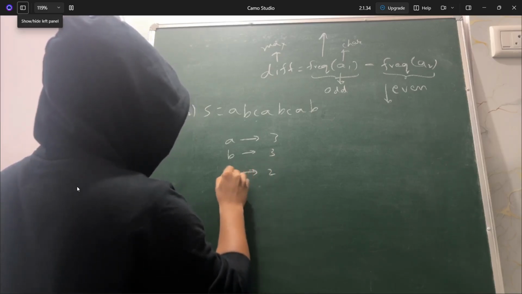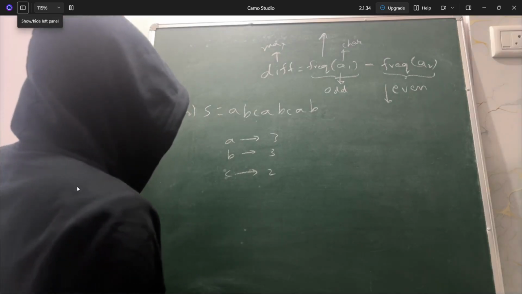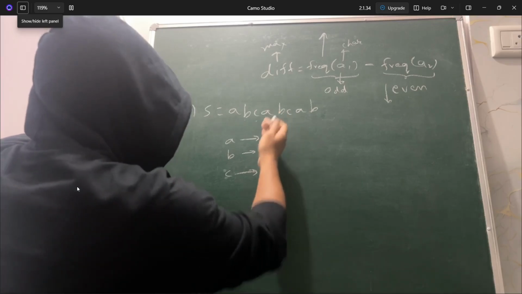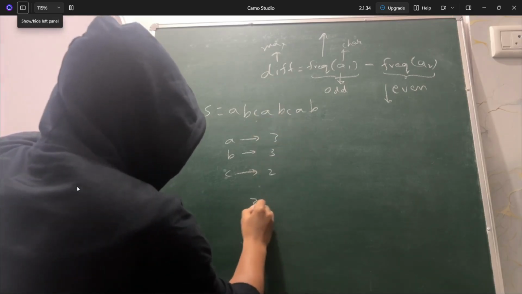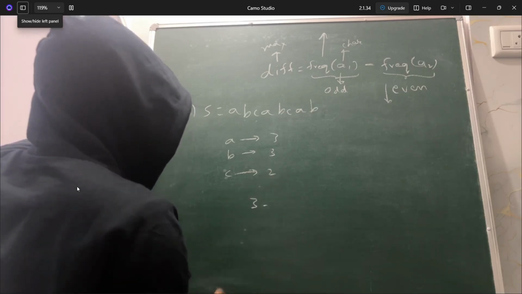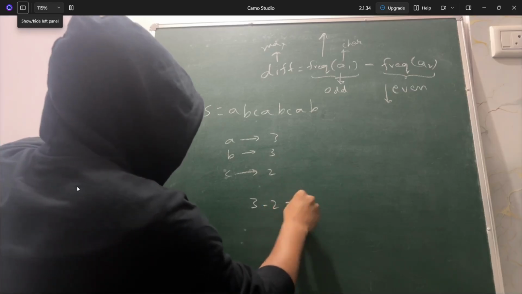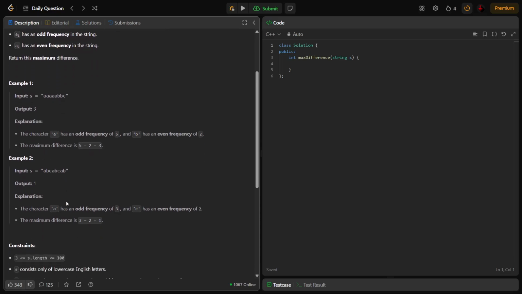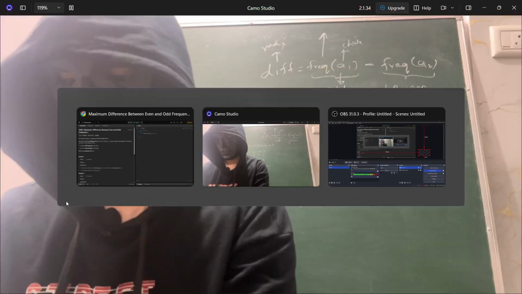So in this case, you have to choose the maximum odd frequency, which is 3, and you will have to choose the minimum even frequency. We don't have any choice, we have only one, so the answer is 1, which is clearly shown in this example.